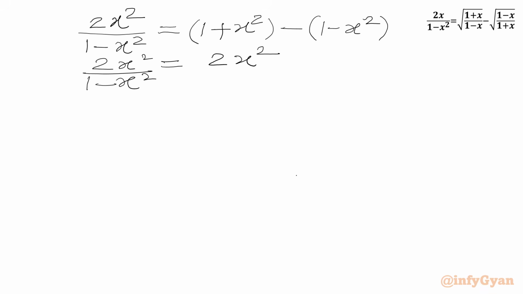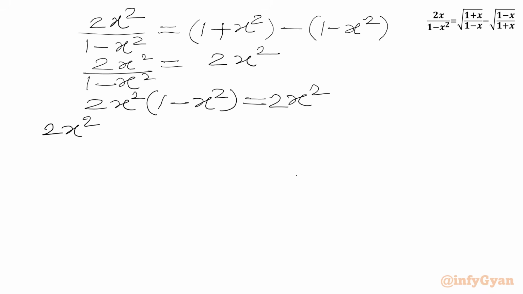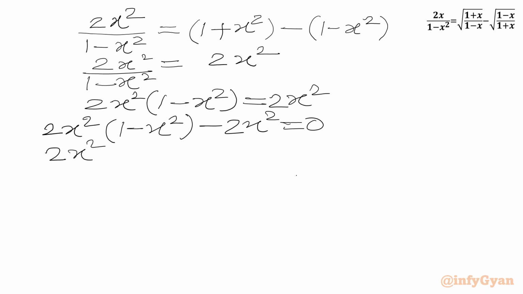Now we will cross multiply and we will write 2x square times 1 minus x square will be equal to 2x square. Take all the terms to left hand side. We will write 2x square times 1 minus x square minus 2x square equal to 0. Now we will be taking 2x square common out. So in the bracket we will write 1 minus x square minus 1 equal to 0.